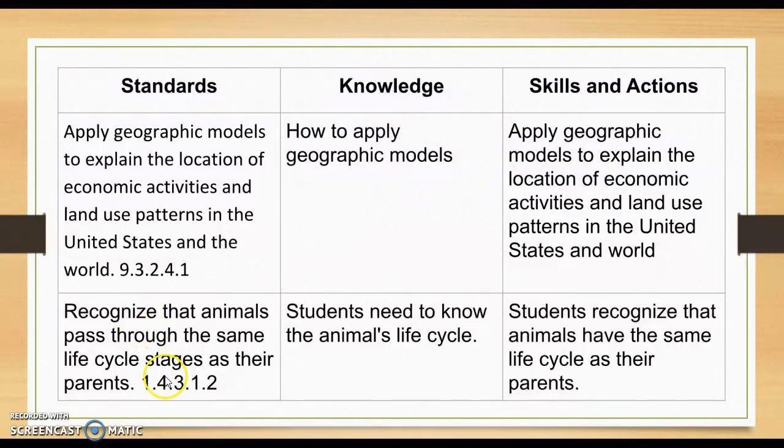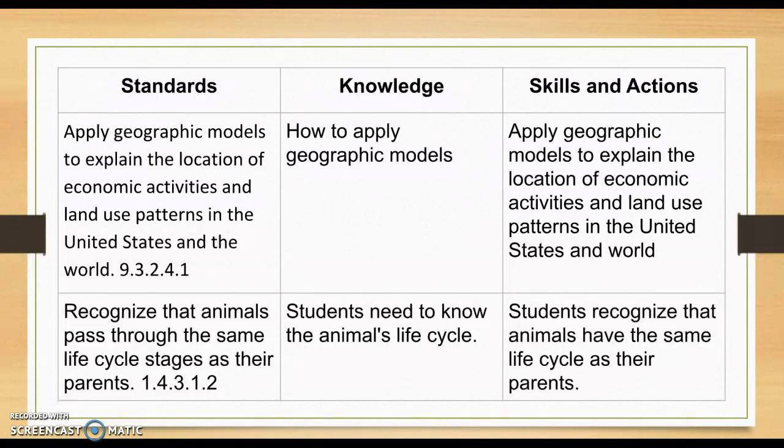If we look at another example from a different content area, we have: recognize that animals pass through the same life cycle stages as their parents. What is the knowledge the students need? Students need to know the animal's life cycle. And then the skills or actions that they need to be able to do: recognize that animals have the same life cycle as their parents.